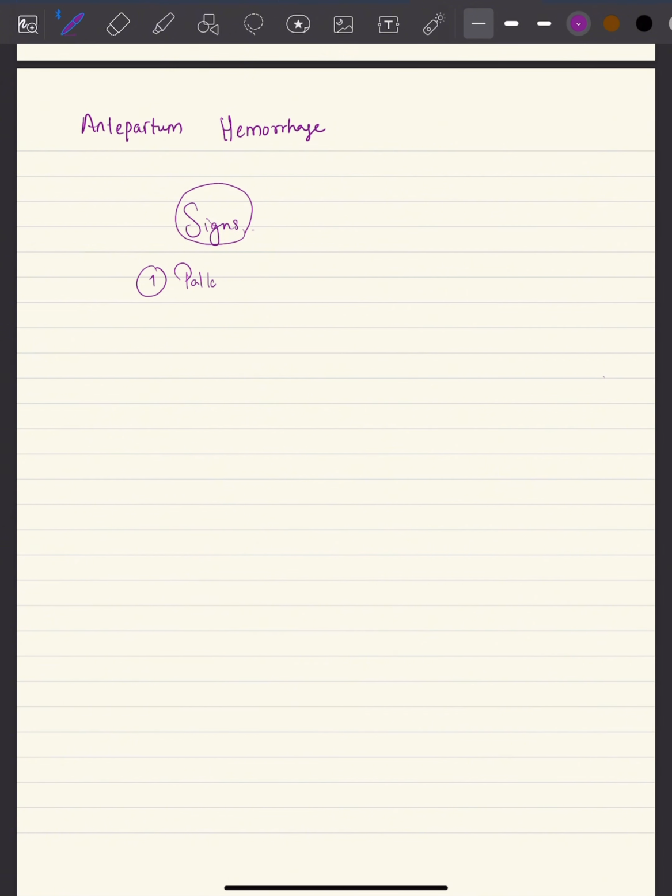So what are the signs? Since the woman is bleeding, she will be having pallor. Second, the uterus would be soft and non-tender. Number three, the size of the uterus would correspond to the weeks of gestation.